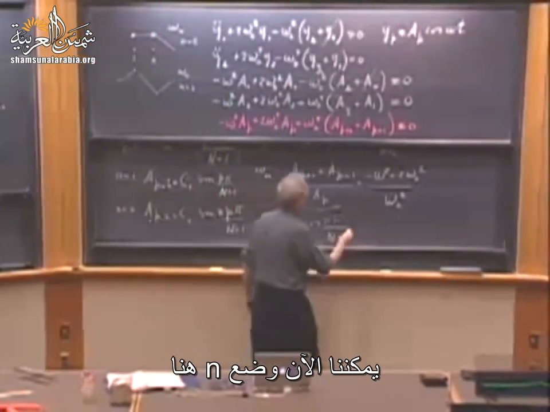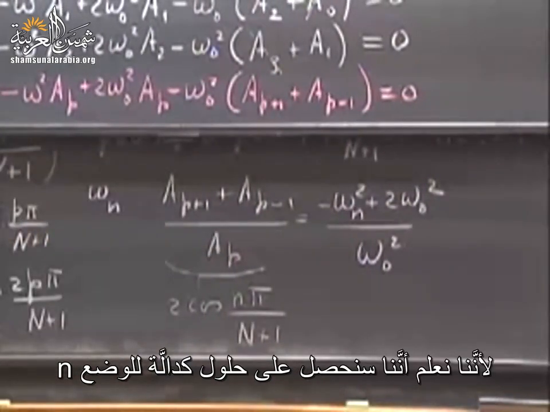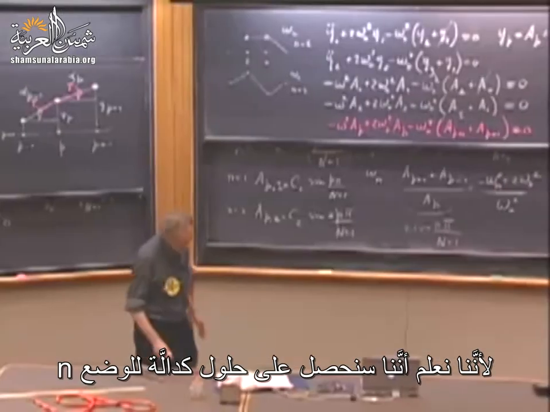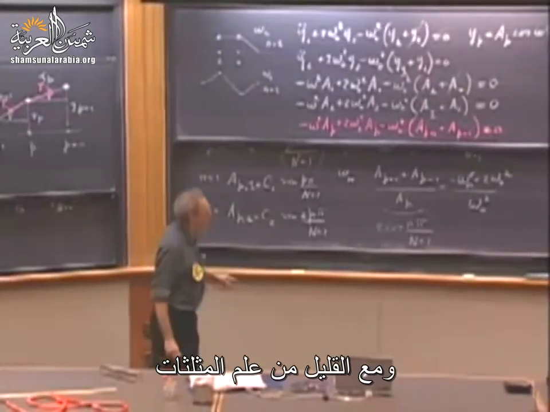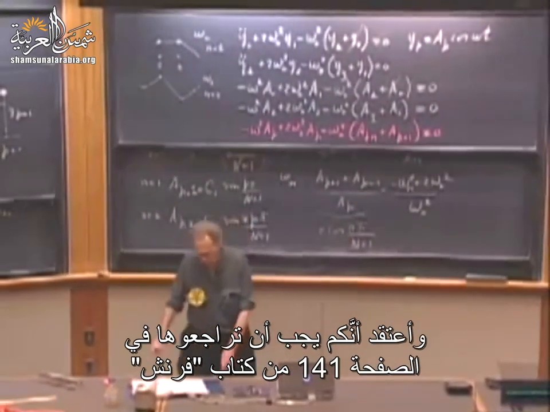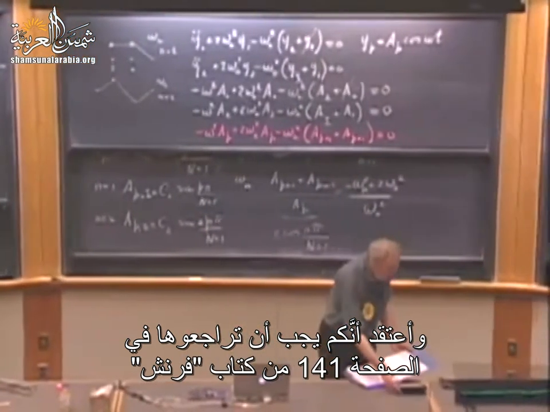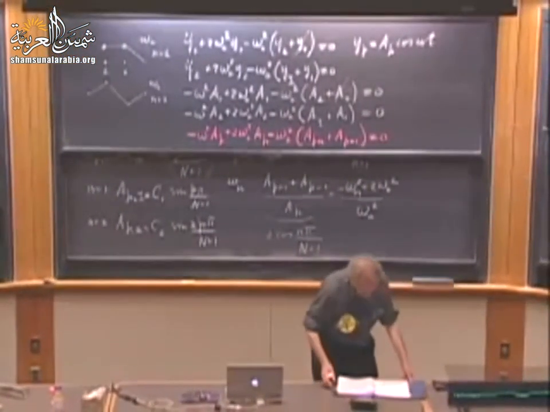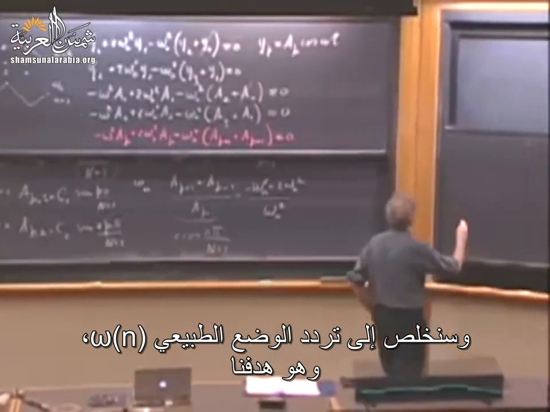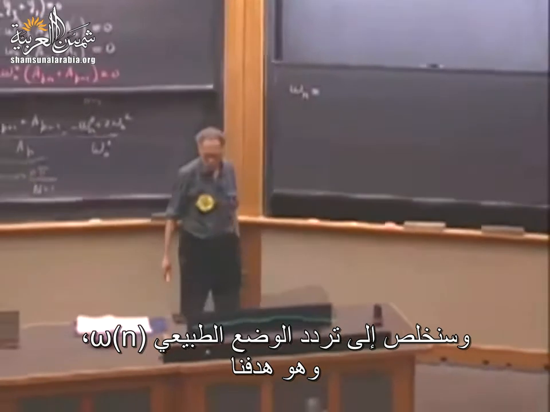We can now put an n here, a subscript n, because we know now that we are going to get solutions as a function of the mode number n. And then with a little bit more trigonometry, and you really want to check up on French there, which is page 141, he then comes up with the normal mode frequencies, which was our goal.